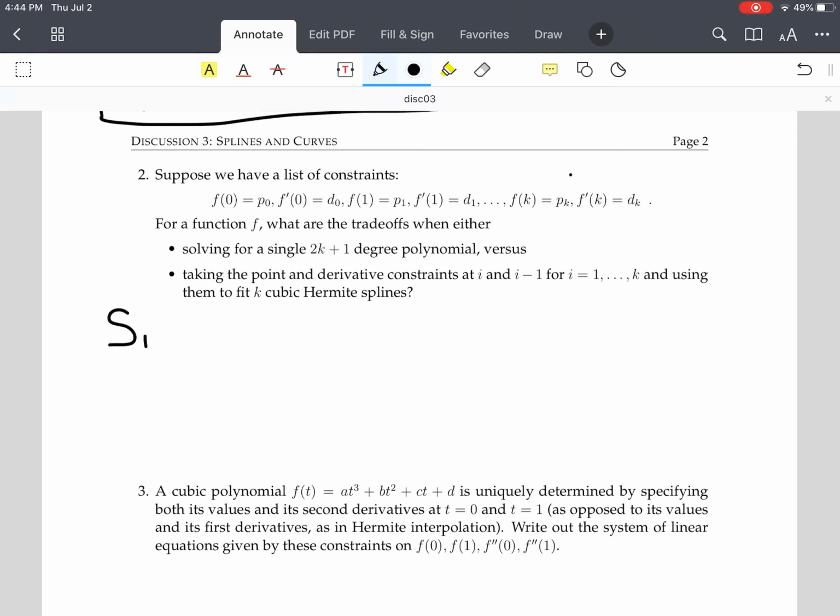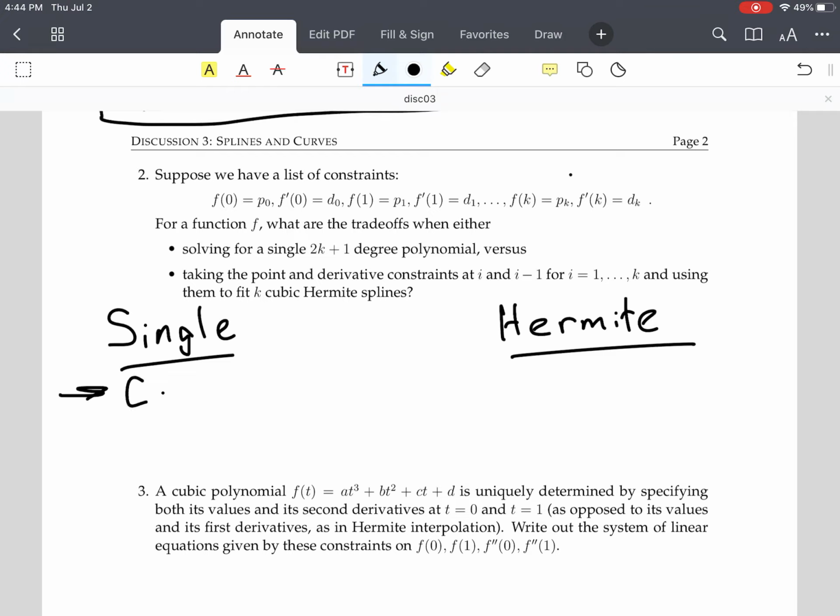So one option is the single polynomial, and then the opposite is the Hermite splines, right? Okay, so for the single polynomial, one of the big things is infinitely many continuous derivatives. Because it is one polynomial, it's continuous everywhere in our range. So continuous derivatives, that's a big thing. That generally is useful.